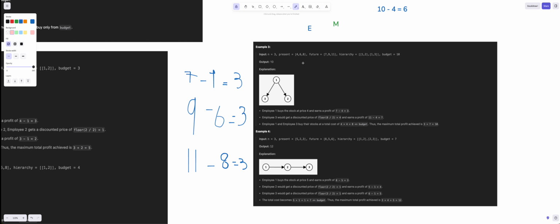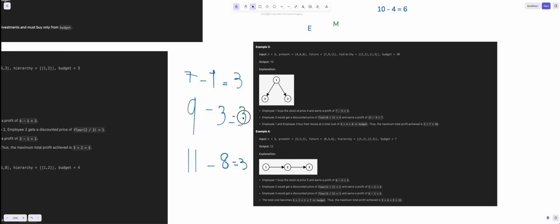But the next employee is buying at the discount price, which is going to be 3. So 3, that is a very smart move. And then we can get a profit of 6. And if we combine our total usage, 4 plus 3 is 7.